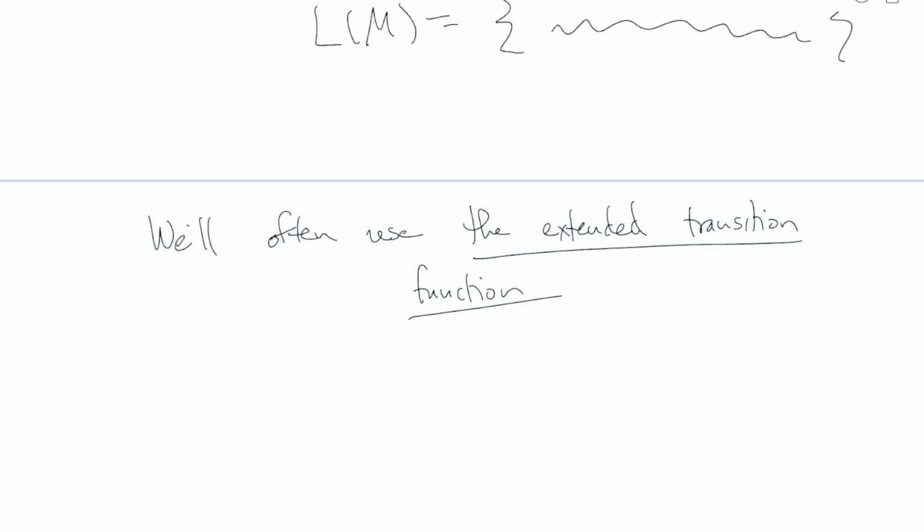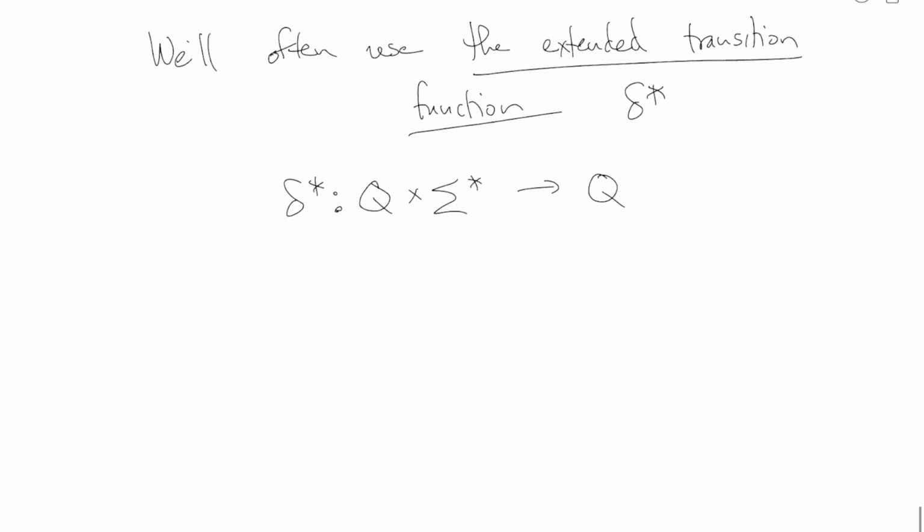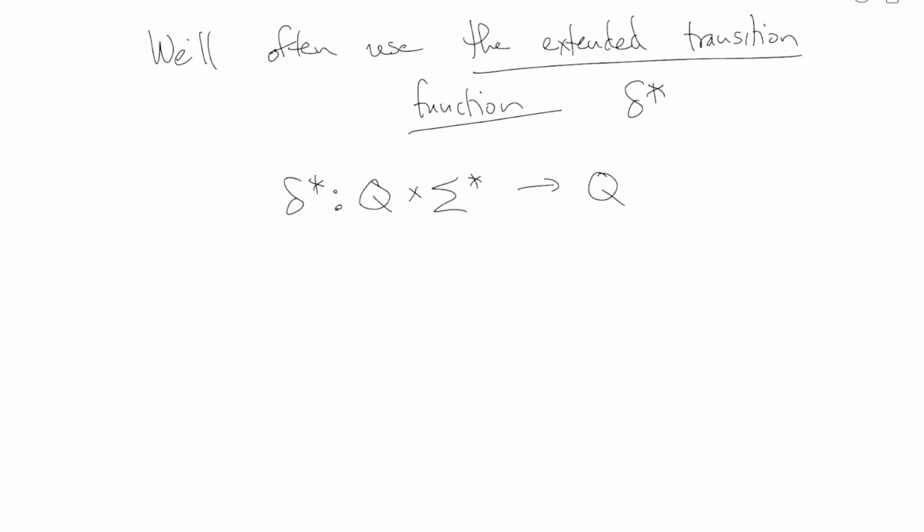The extended transition function. And this is written as delta star. And delta star is like delta, but its domain is this instead of what it was before: Q cross sigma star. I hope you remember, the star means all strings.